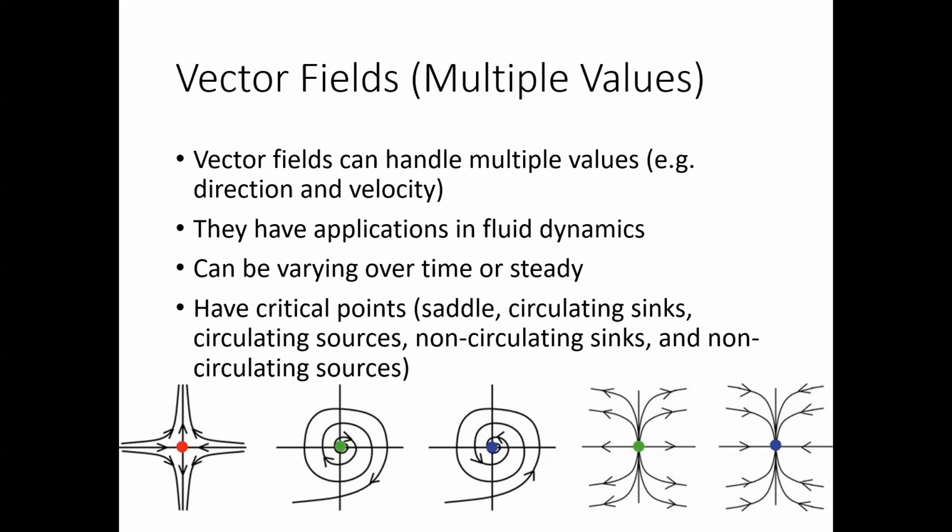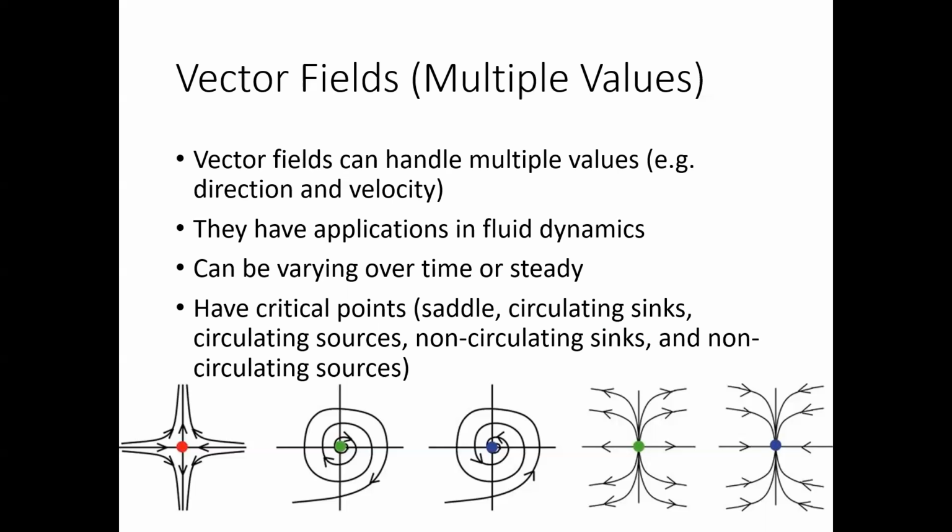So the first one is a saddle, where if it approaches from left or right, it goes in, and then it goes out from that center point going up or down. The second one is a circulating source, so things originate from the green there. The next is a circulating sink, where things circle in. It's like a whirlpool, and they go into the blue dot, which is a stability point.